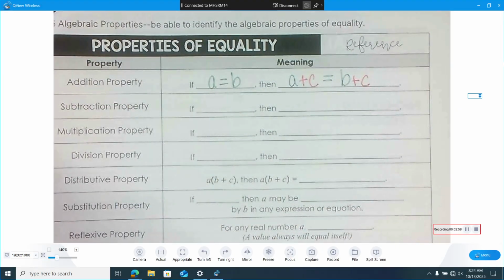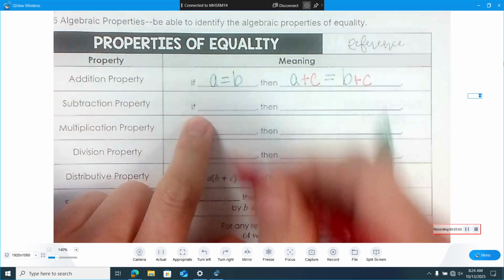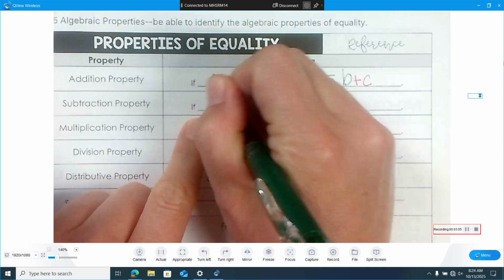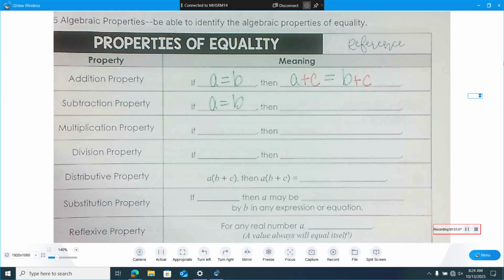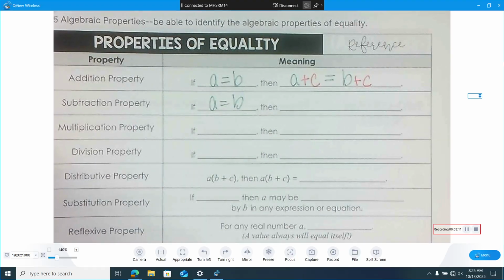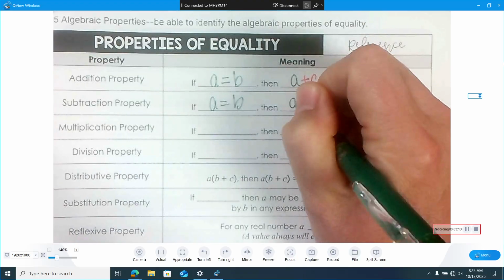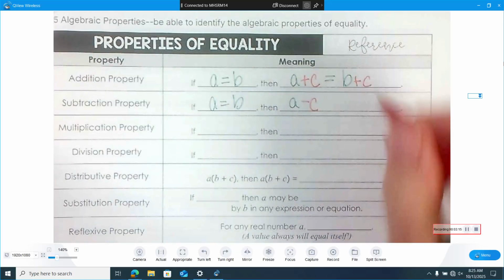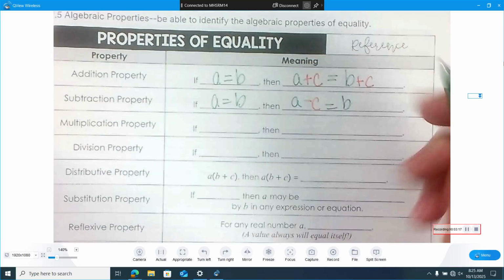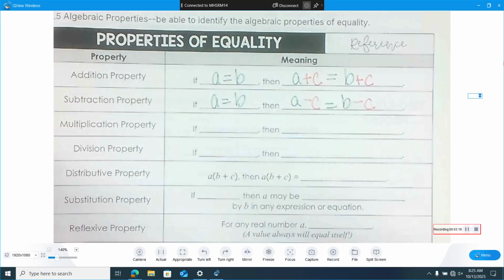We use the addition property of equality, or the subtraction property of equality, which again says if I start with an equation, one side equal to the other, then I can subtract something from both sides. So I can take the A and subtract a value from the left, and subtract a value from the right. So I can add things to both sides, I can subtract things from both sides.